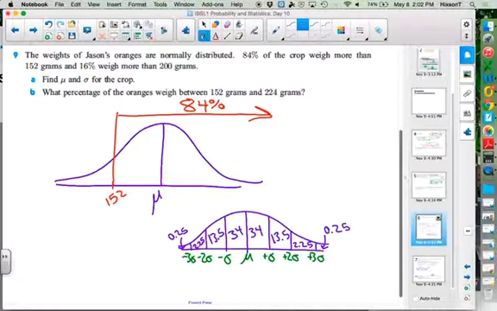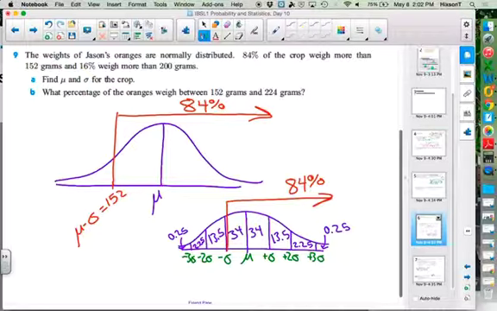To the right of -2 standard deviations? Oh wait, no, the next one. Right, -1 standard deviation. So here, that's 84%. So we know that whatever the mean is, this is the mean minus 1 standard deviation.